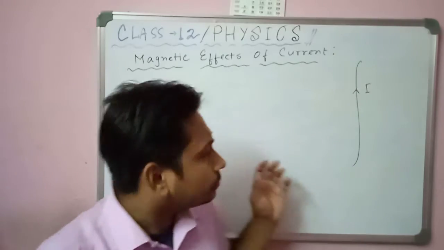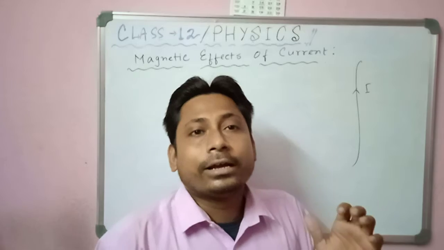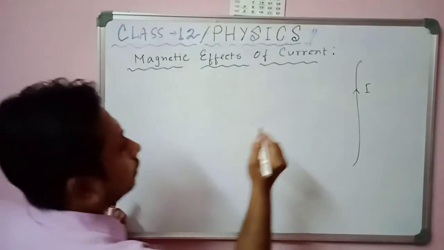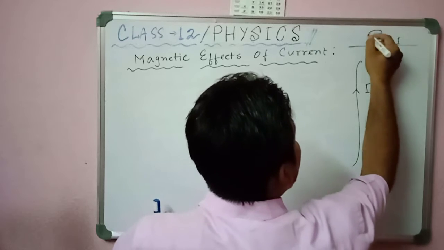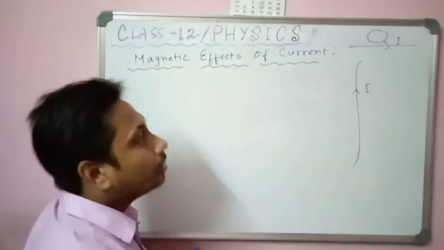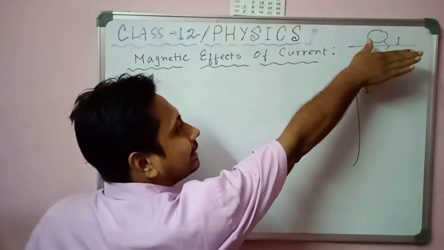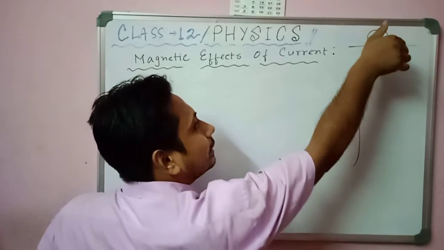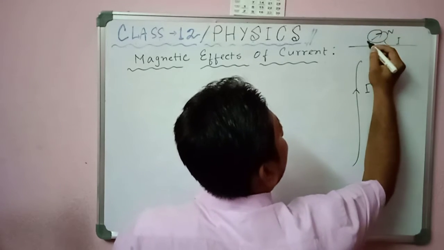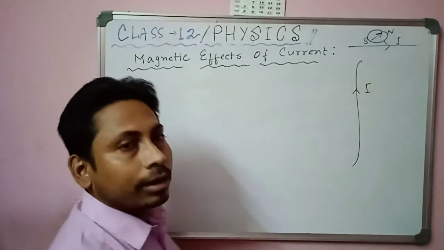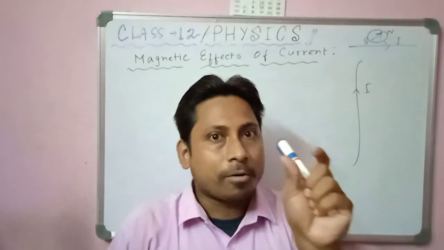So student, from this you can verify: suppose there is a current carrying wire. If you place a magnetic needle above it, and if you place your right hand like this, the fingers represent the direction of current, and the thumb represents the north pole of the magnetic needle, means compass.